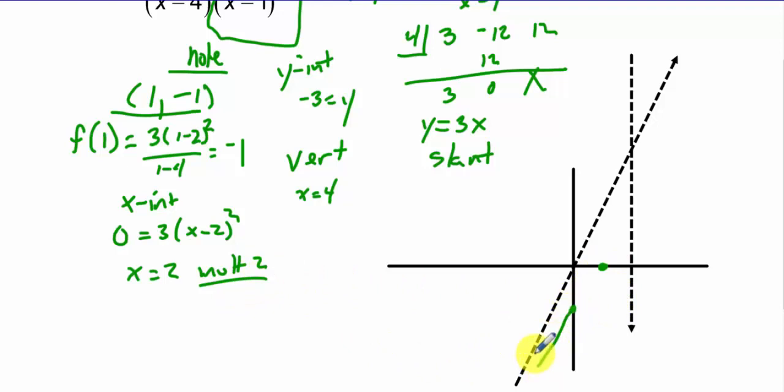So this is going to come down here, I'm going to come up here and bounce off and go down. There's no x-intercepts over here, so I know this has got to go up. And then I know that I'm going to have a hole at 1, -1. So right around here, I'm going to take that piece out and draw an open circle saying at 1, -1, there's a hole.